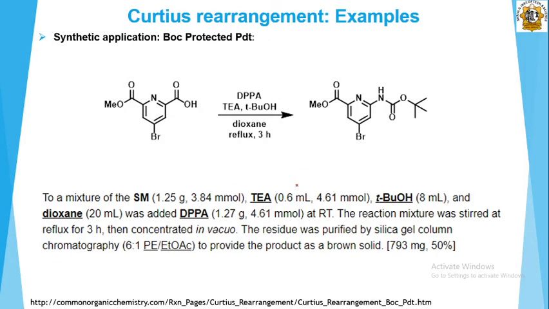Another example is 2-carboxypyridine. Again, if you see here, DPPA, TEA and t-butanol, but here dioxane is added. Why are people adding another solvent? Because sometimes solubility is a matter.